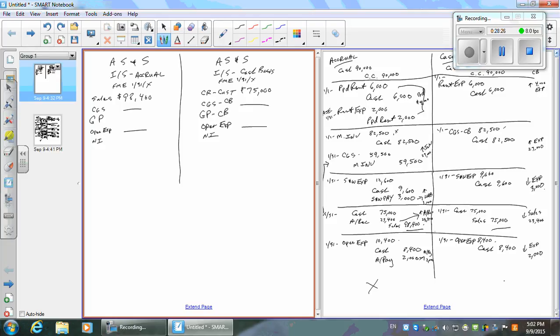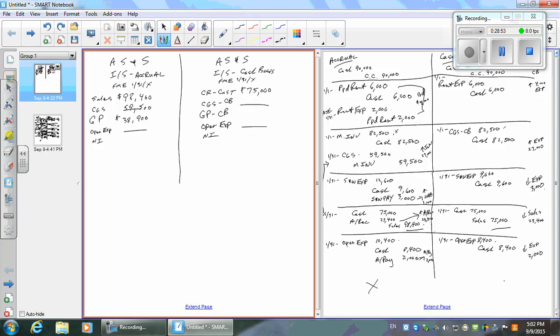Okay, what's cost of goods sold? 59.5 under accrual. What's gross profit then? 59.5 away from 98.4. How much is that? 30.